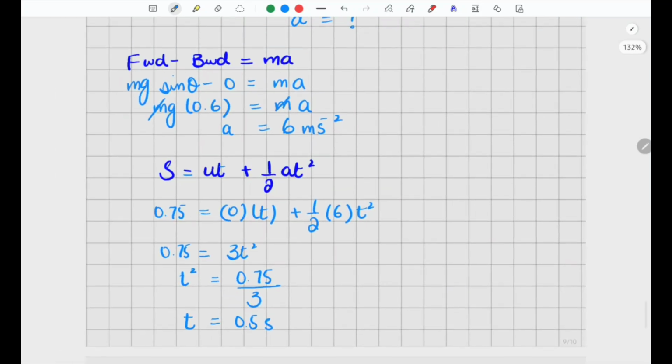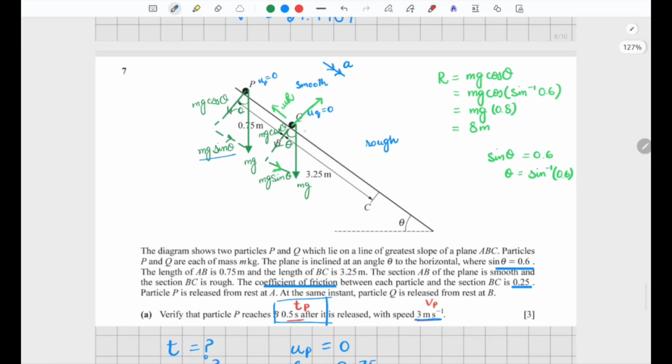How much distance would there be between them? Particle P is here, particle Q is here. If we can figure out the distance between them, we can use that to make an equation.